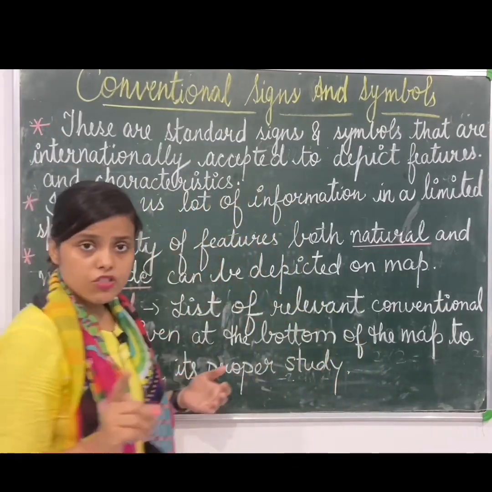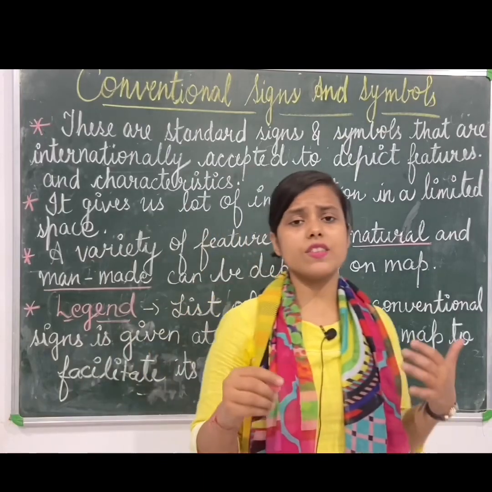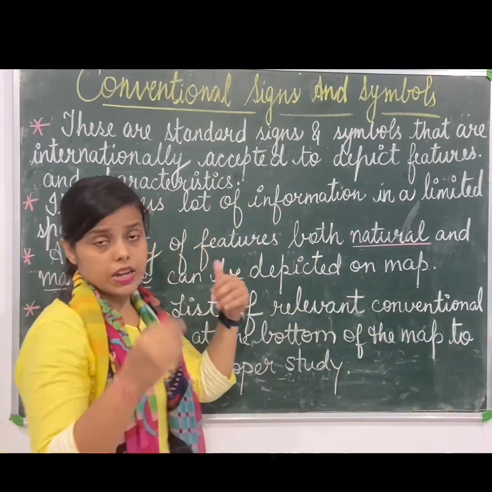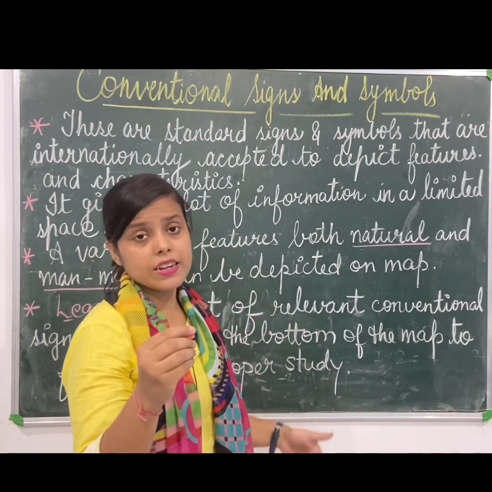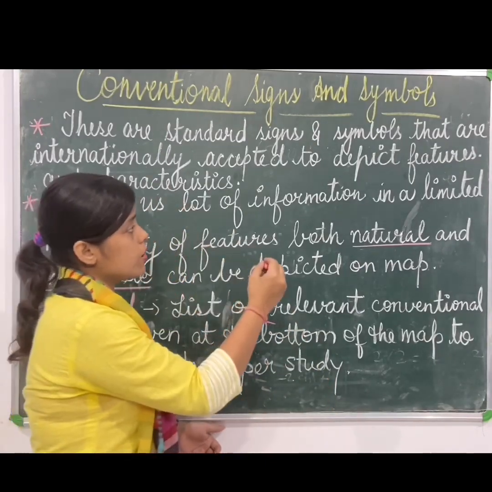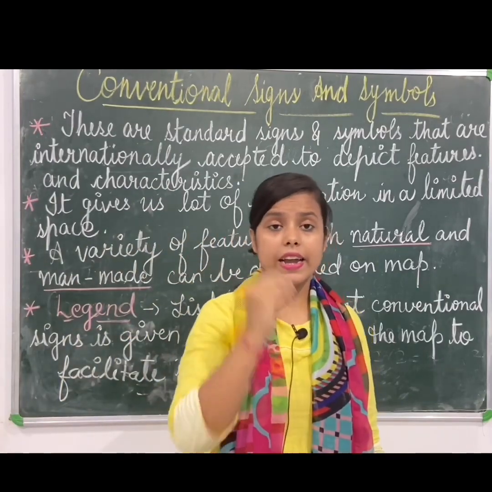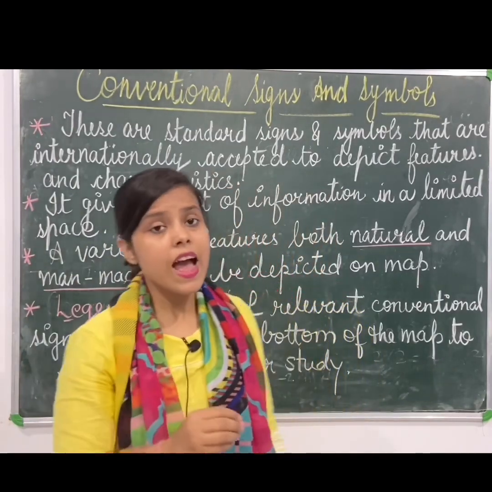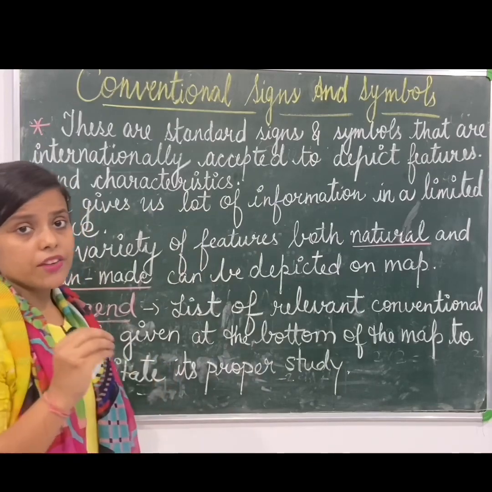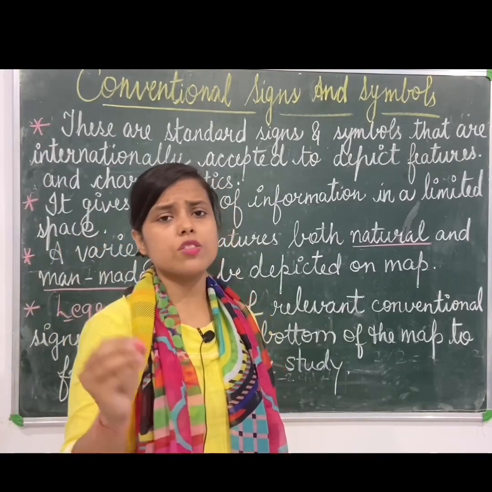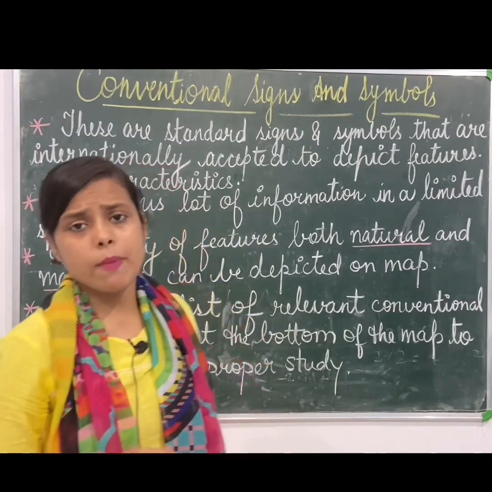Under natural features you will get mountains, rivers, lakes and so on, and then highlands, plateaus, all these. And in man-made features you will get buildings, post offices and all those things which are made by man, which are not natural.